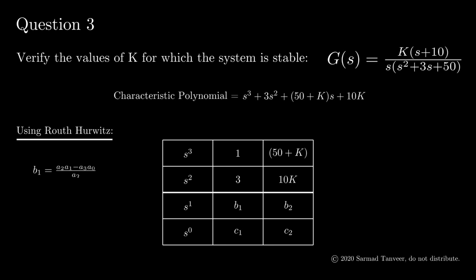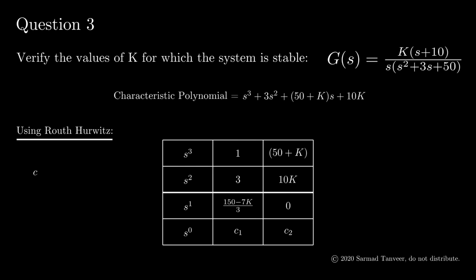For b1, we multiply a2 with a1 and subtract a3 times a0. This is all divided by a2. Substituting the relevant values, we get b1 is equal to (150 minus 7k) over 3. b2 is simply 0 because the third column of our table is empty.